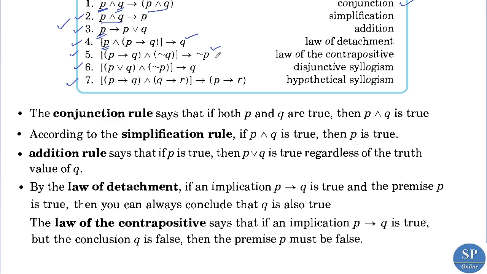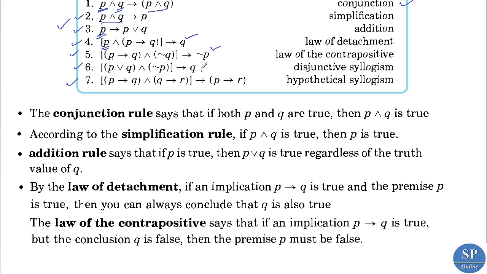P must be false. That is, P implies Q is true and Q is false, then P must be false. That is the law of contrapositive.